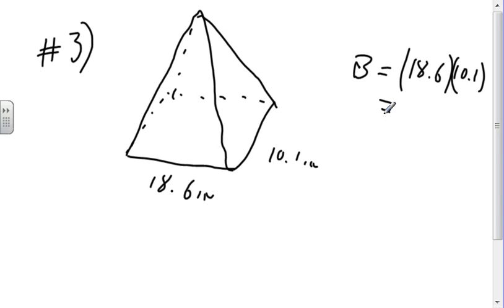And then I've got a height, 24.6. Okay, that looks good.